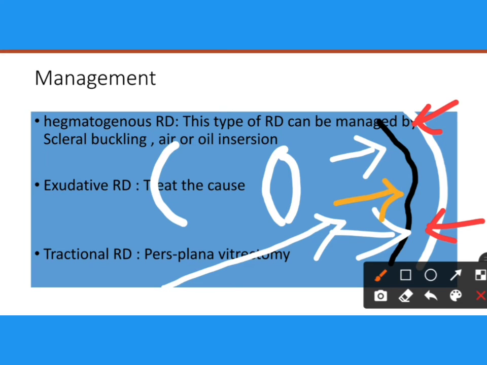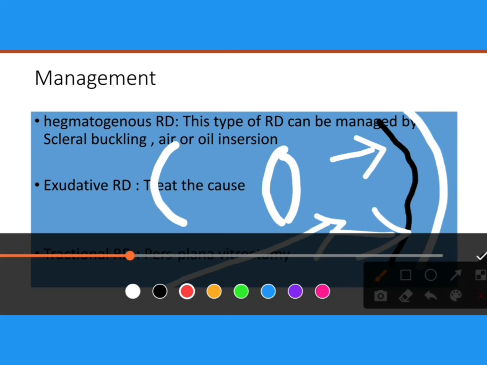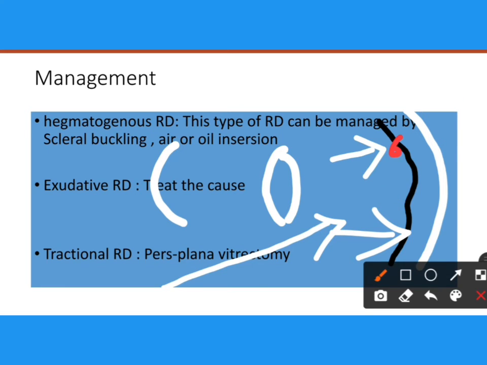Now suppose this retinal detachment is due to a hole or tear. Let's make the hole, like there is a hole, there is a hole. Due to that hole, retinal detachment occurs. In between these layers, there is accumulation of vitreous. So before inserting the gas, first of all we need to remove the fluid.